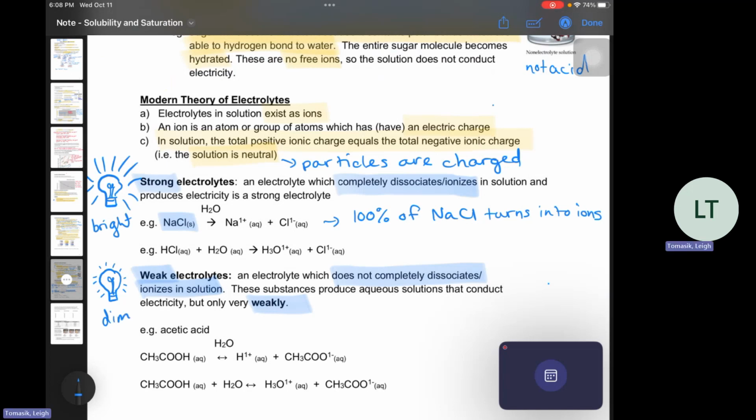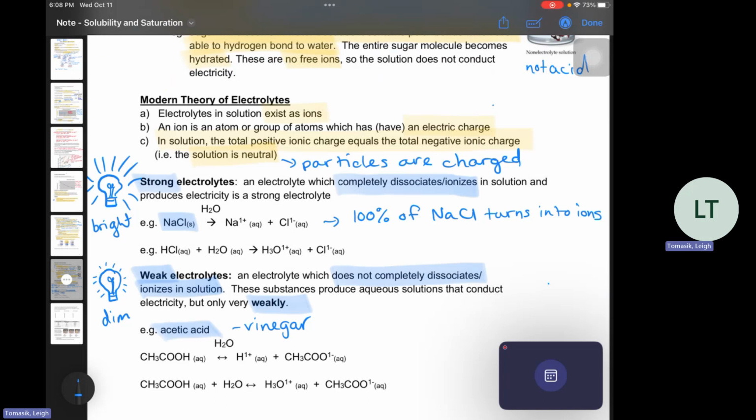Okay, some examples of weak electrolytes: acetic acid, vinegar. If you're good with batteries and wire, you can make an electric circuit with a light bulb and a pickle.